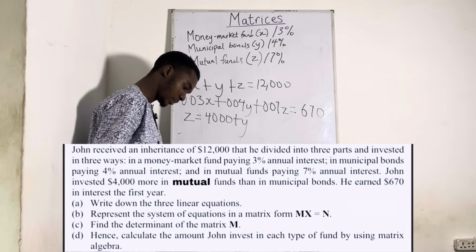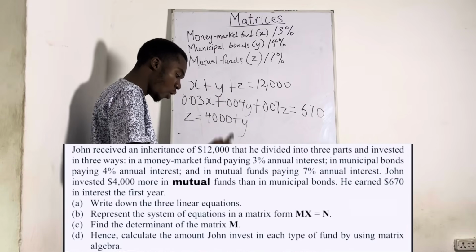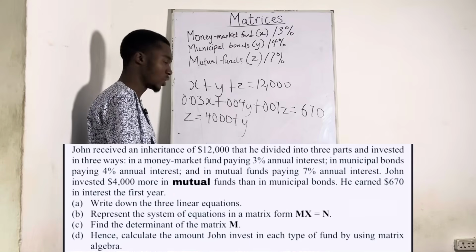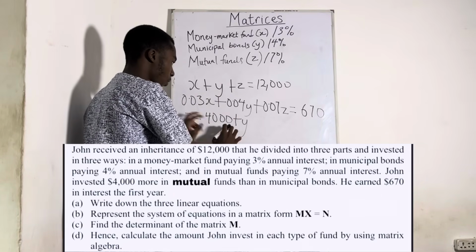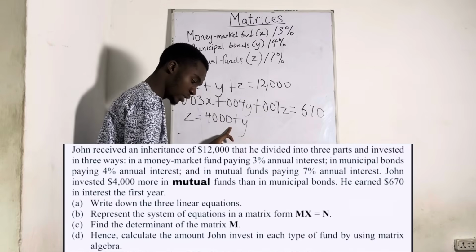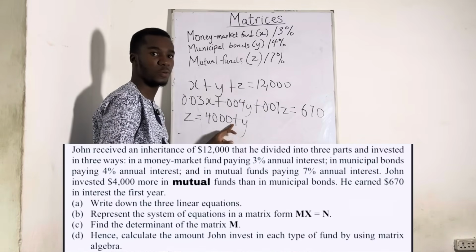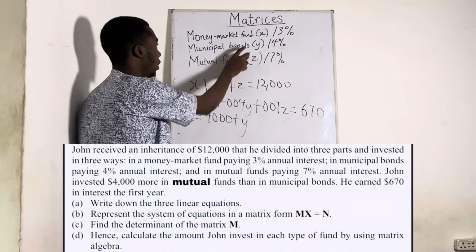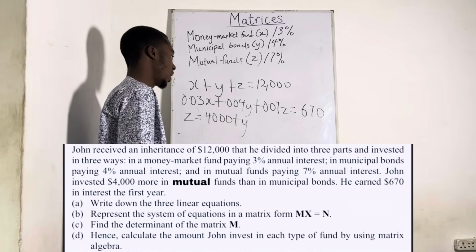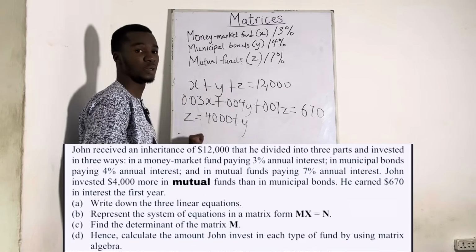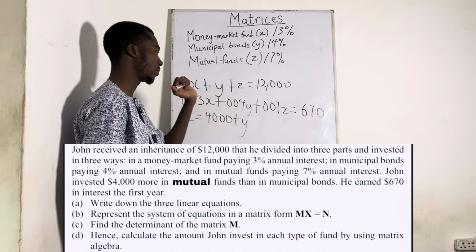The question said that John invested 4,000 more in mutual funds. You get it? And this is mutual funds. So mutual funds is equal to 4,000 more than that of the municipal bonds. So 4,000 plus the municipal bonds. Our municipal bonds is Y. So anywhere we see municipal bonds, we bring Y there. So this becomes our third equation. So Z is equal to 4,000 plus Y.